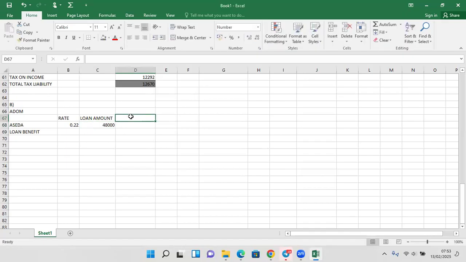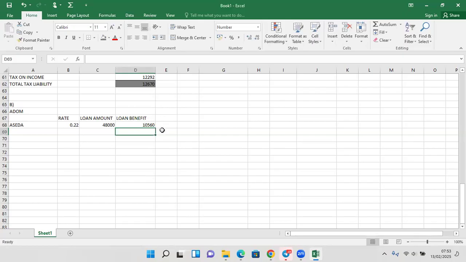So now the loan benefit is going to be equal to this rate times this amount.